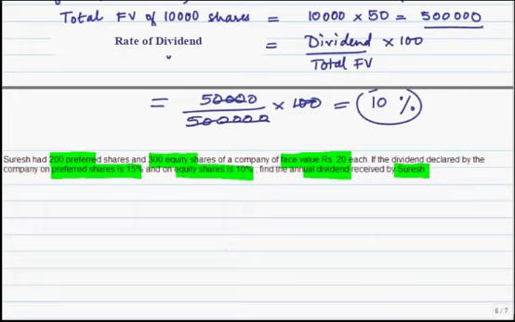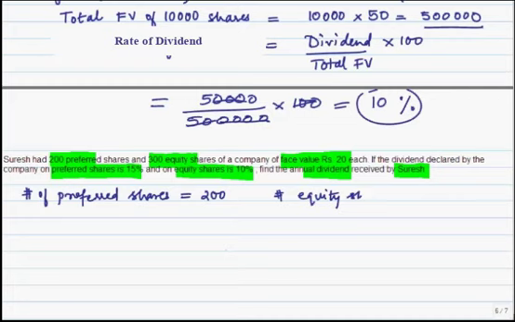So let us write down what this means. Number of shares, in this case there are two types of shares. So preferred shares is 200 and equity shares is equal to 300. Face value is going to be same for both, so face value is rupees 20.